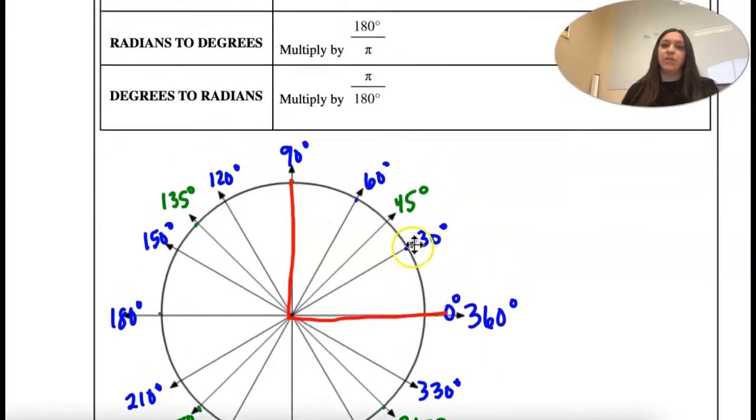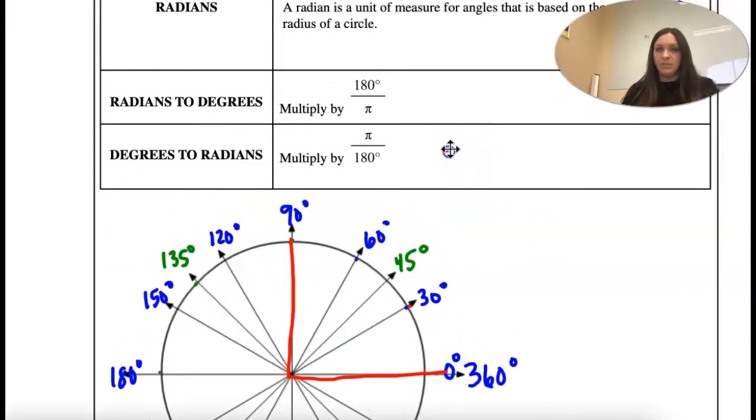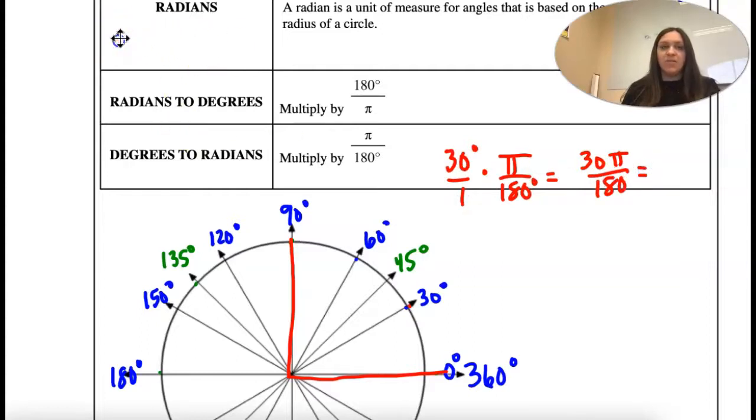So let's start with our 30s. I have 30 degrees. To change that to radians, I multiply by pi over 180. So that is 30 pi over 180. And in radians, we always have pi included.